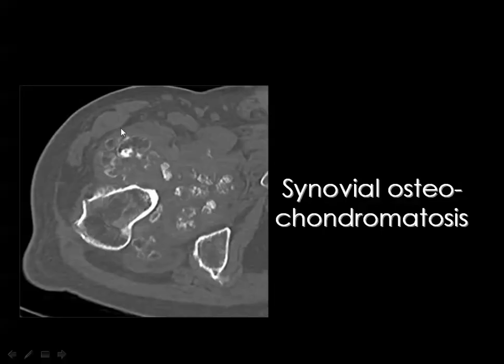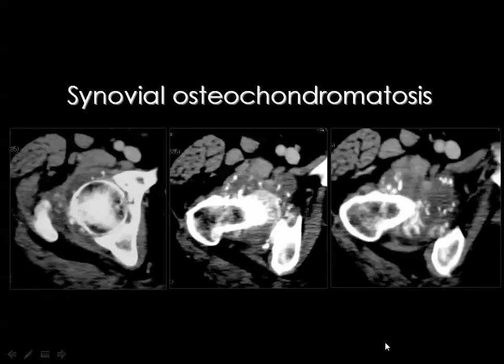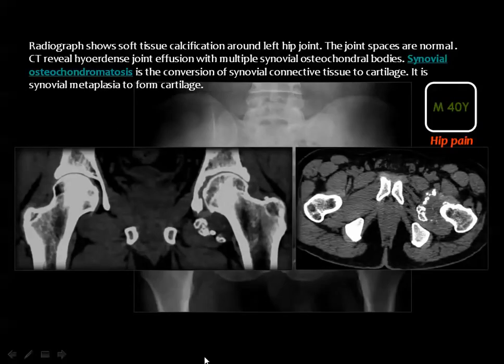You can see that the hip joint capsule is markedly distended, and there are a lot of radiopaque calcified loose bodies within the joint. And this is also another example. You see some fluid within the joint associated with too many loose bodies within the hip.